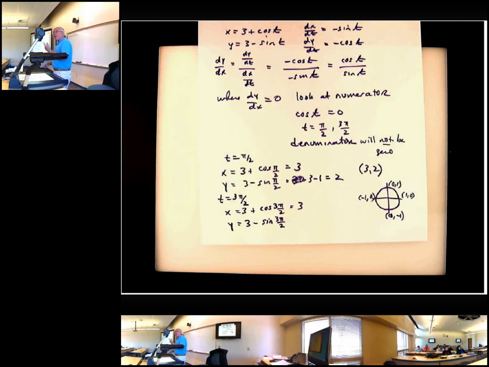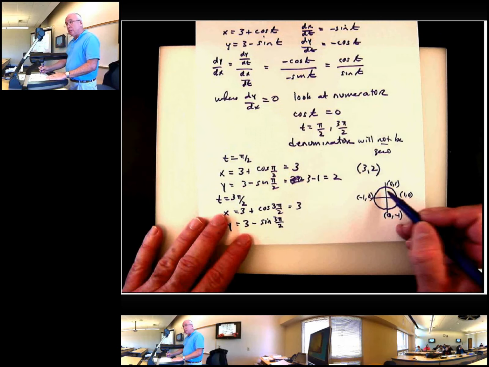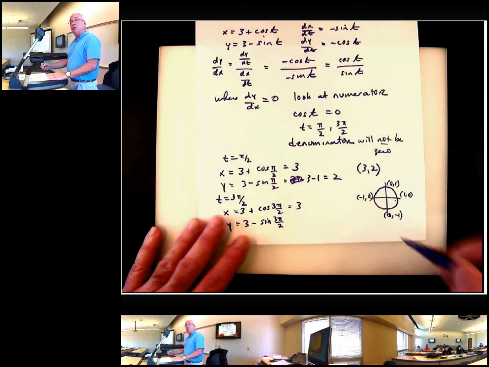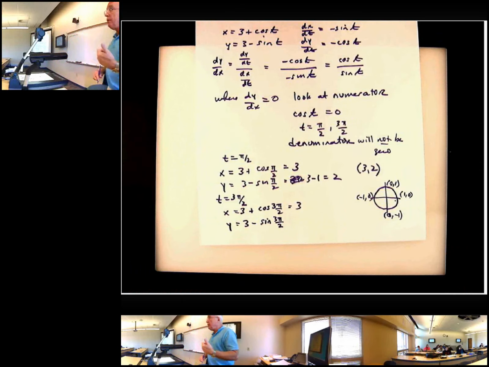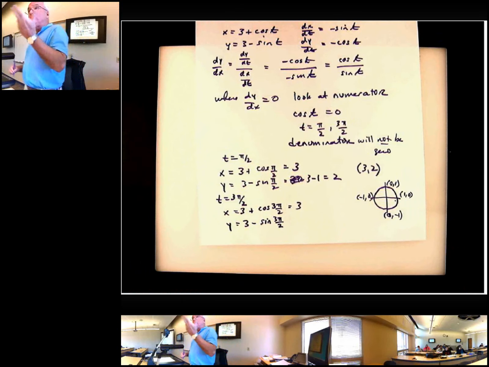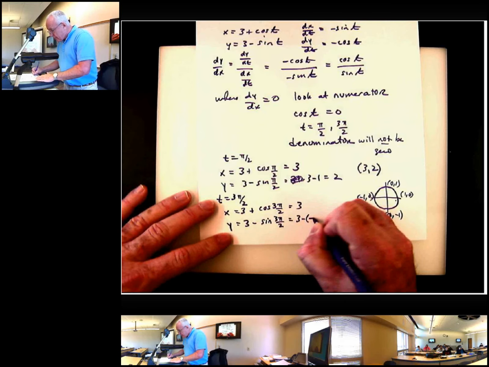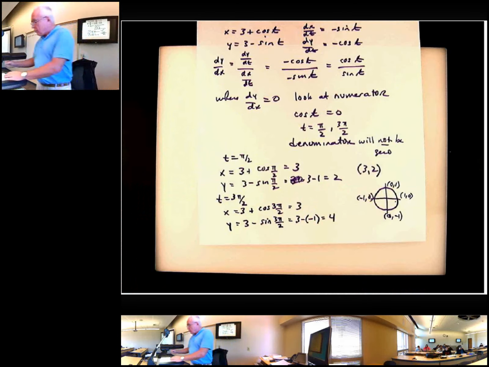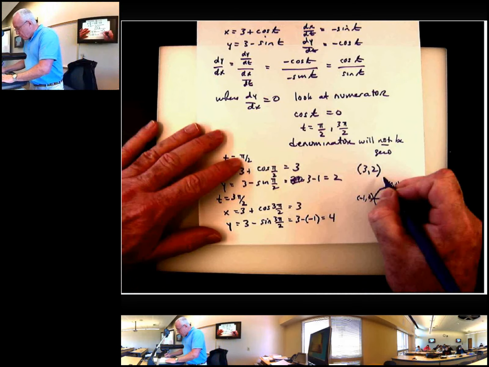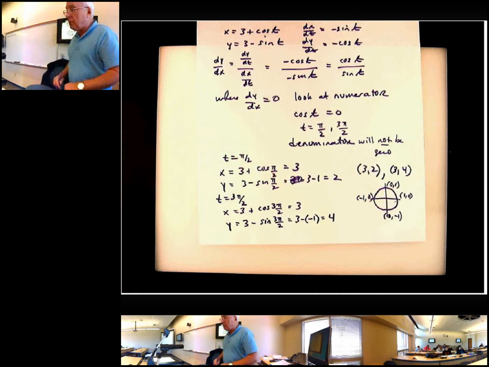And the y values give us the sine value. So this is 0 degrees, this is pi over 2, this is pi, this is 3 pi over 2. Just an easy little diagram to reinforce that the sine of 3 pi over 2 is negative 1. So this is 3 minus a negative 1, so I'm going to have a y value of 4. So my other ordered pair is (3, 4), where the tangent line is horizontal.